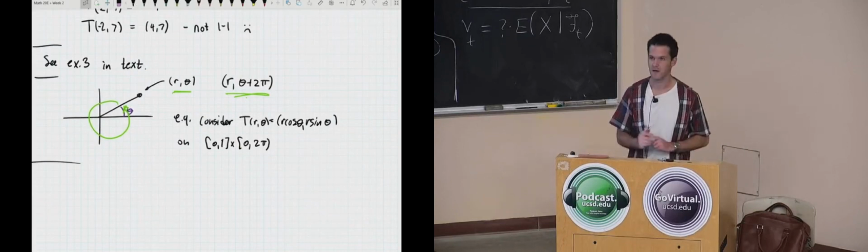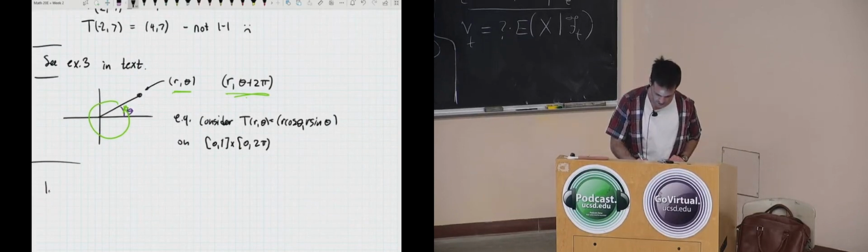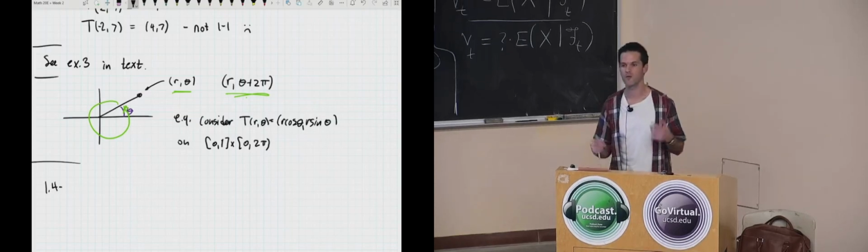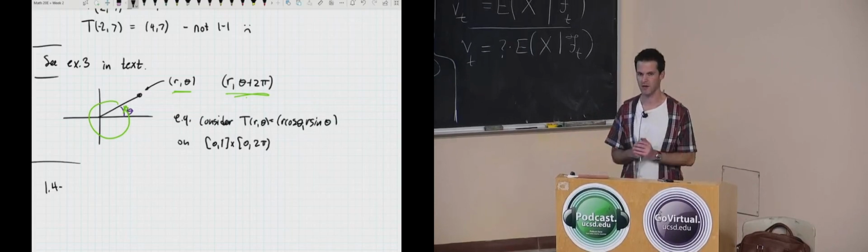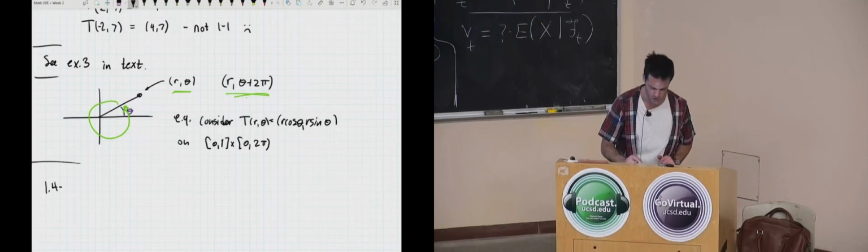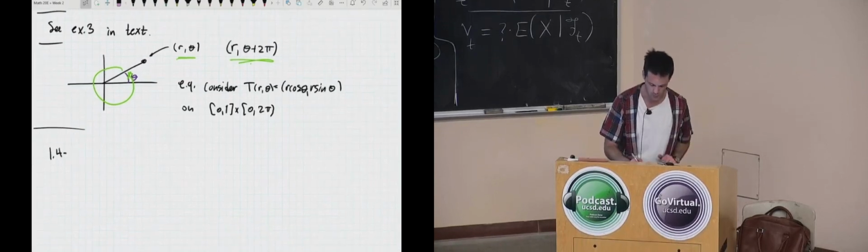Now I want to talk about section 1.4, which will take what we're talking about with polar coordinates and do the 3D versions of polar coordinates, which are cylindrical and spherical coordinates.